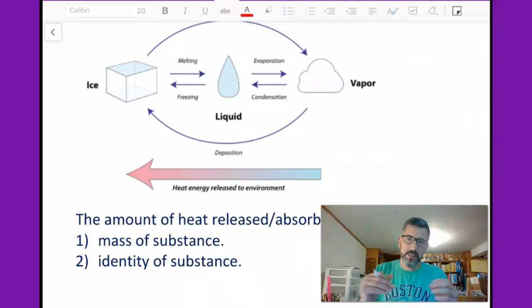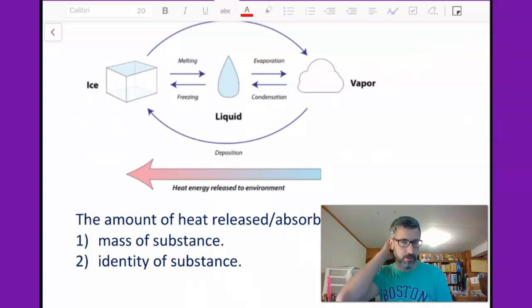The energy absorbed by the melting of the water would be exactly equal to the energy that is released when I put it in the freezer and it turns back into a solid. Because those are exactly opposite processes, they involve exactly the same number of kilojoules.